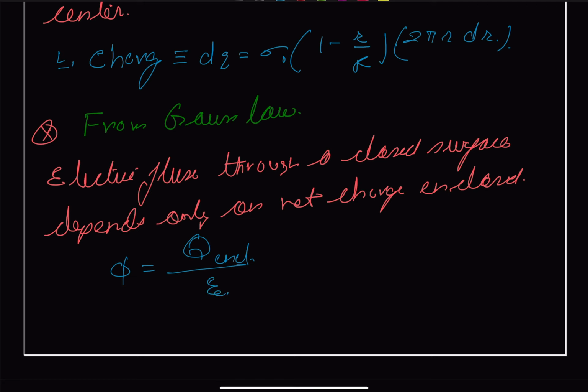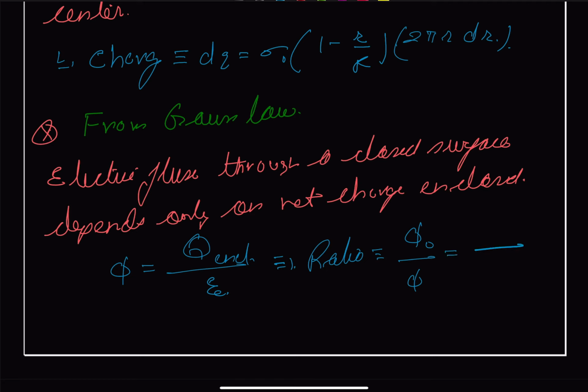So we can just write the ratio. Therefore the ratio for the whole one is phi naught, for the smaller portion is phi. Epsilon naught is going to cancel.